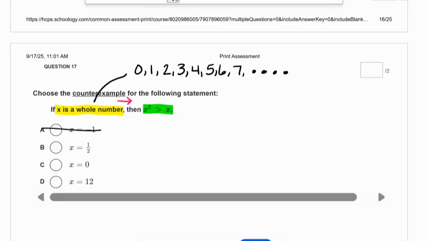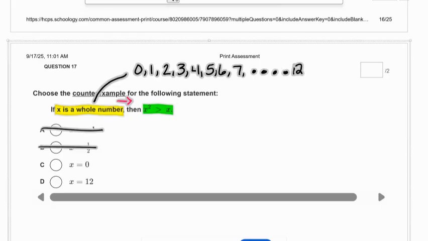Okay, negative numbers are not included in the whole number group. So let's get rid of A. Fractions are not whole numbers, so let's get rid of B. 0 is the very first whole number, and if we continued our list, we would get to 12, so 12 is an option for a whole number. Now, the conclusion has to be false.